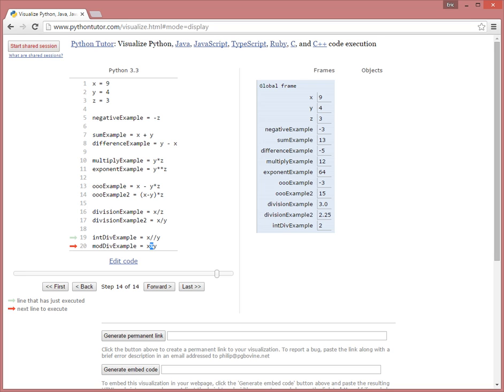So when you take 9 divided by 4, your quotient is 2 with a remainder of 1, which means x mod y is 1. And so you have 1. And these are the tools you can use in integers to manipulate them.